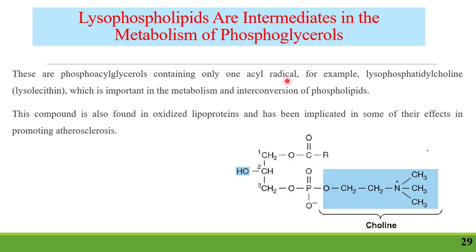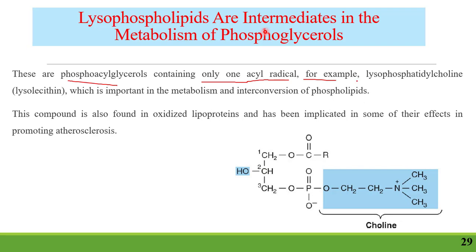Other types of phospholipid are lysophospholipids, which are produced in metabolism of phosphoglycerols. These types of phospholipid are phosphoglycerols containing only one acyl residue.